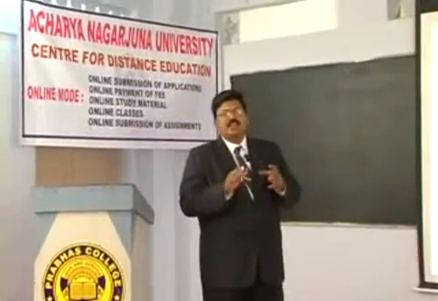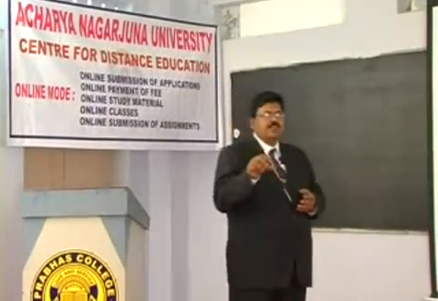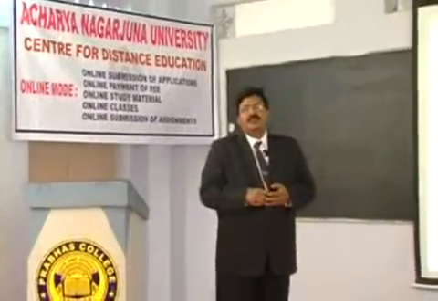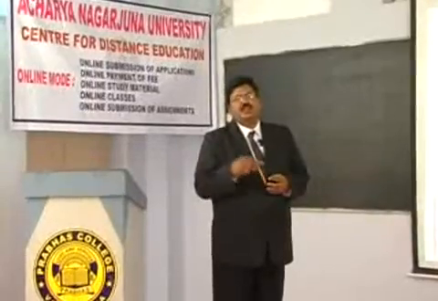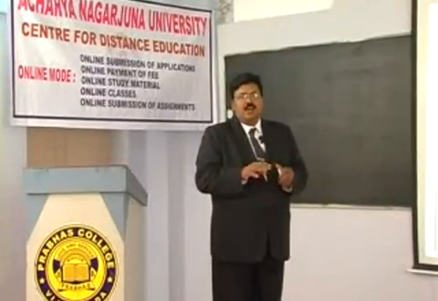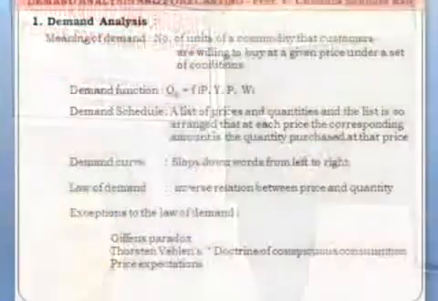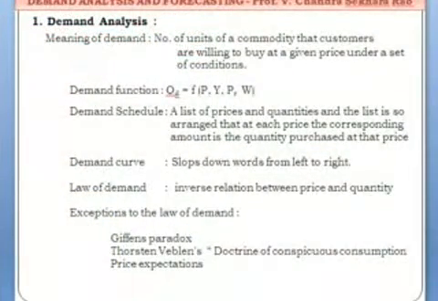These are the basic determinants for any commodity in general, and the specific determinants may vary from commodity to commodity. Based on the nature of the commodity, sometimes some other determinants may be there. But for all commodities in general, if you want to write a demand function, quantity demanded is a function of P, own price, Y, income, PR, price of related goods, and W stands for wants or tastes of the consumer.